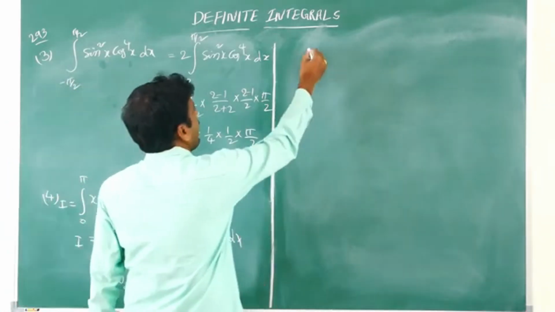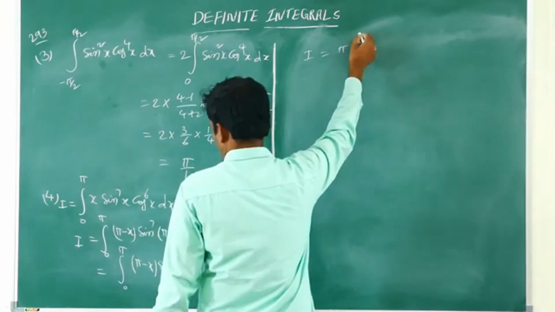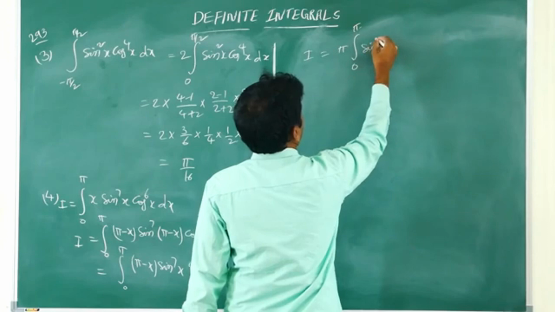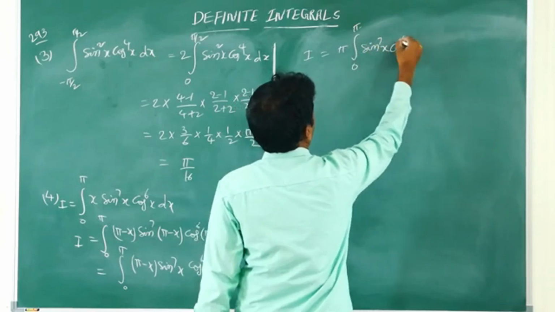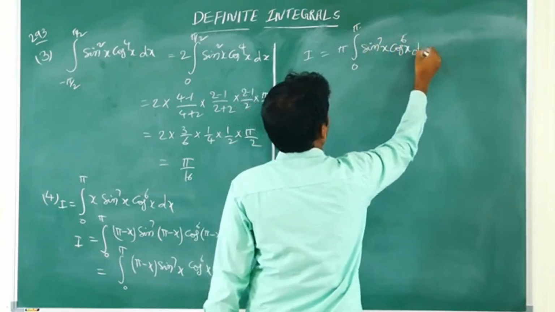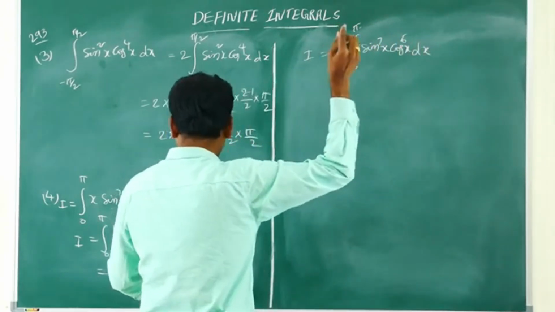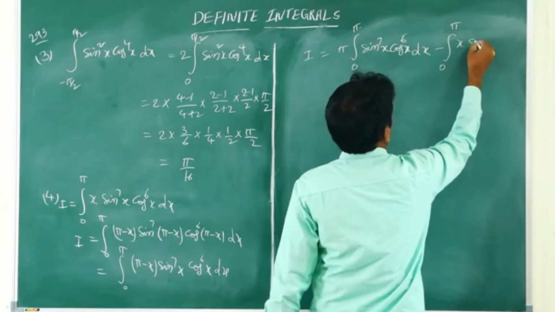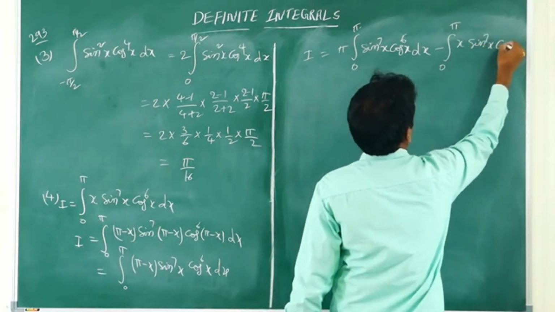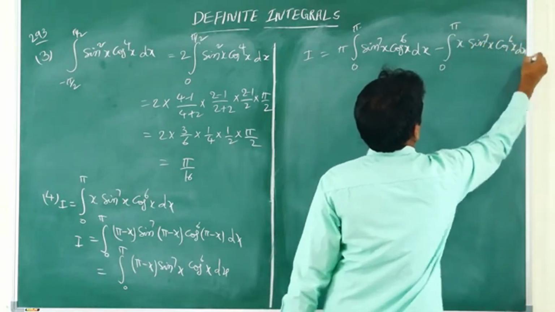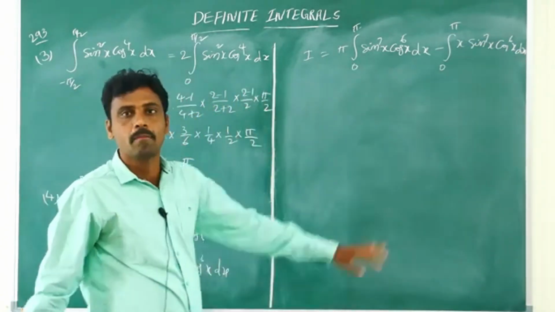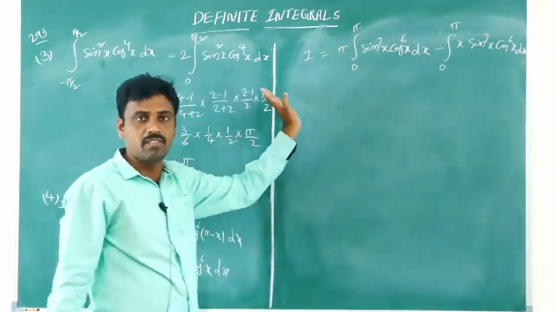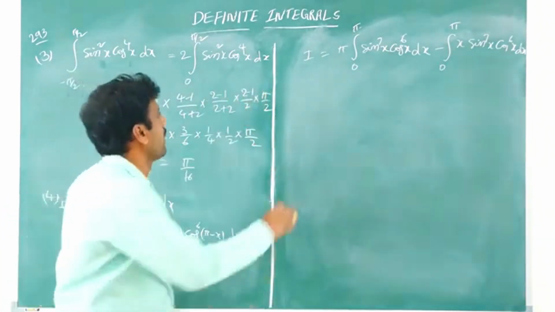Multiplying, we get I equal to pi into integral 0 to pi sin power 7x cos power 6x dx minus integral 0 to pi x into sin power 7x cos power 6x dx. That is I minus I. Transfer to left side, then it becomes I plus I, 2I.